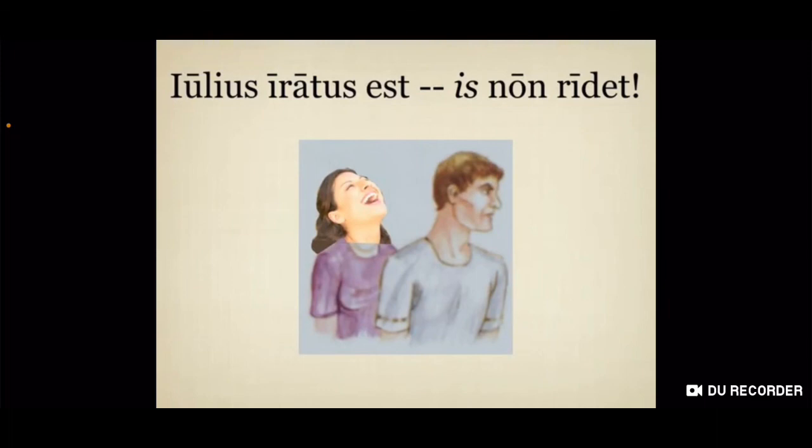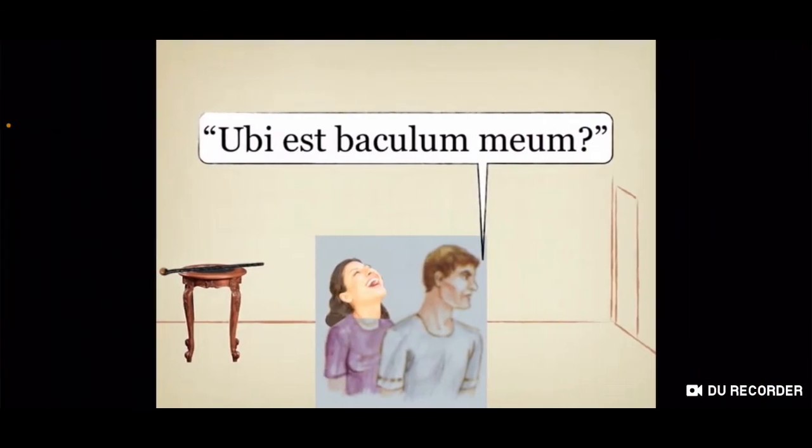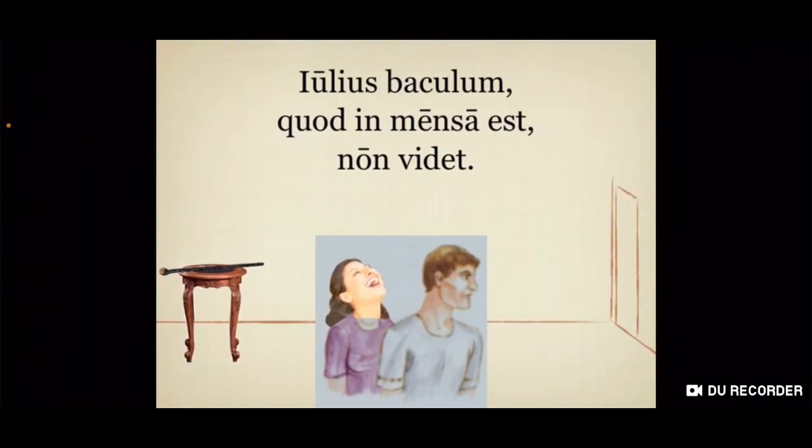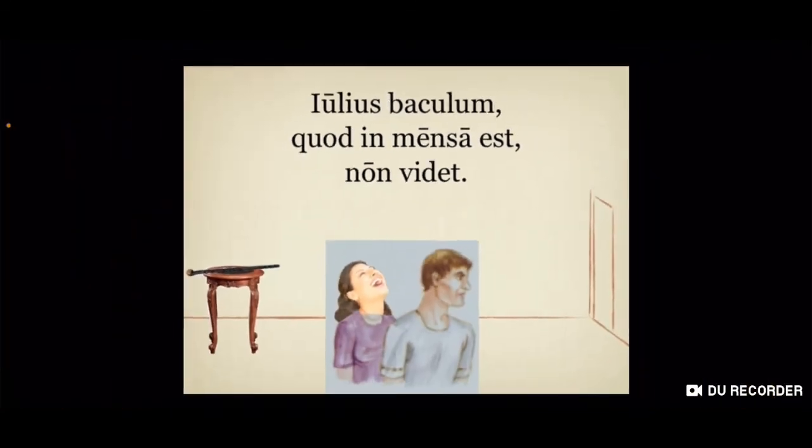Julius iratus est, non ridet. Julius is mad. He doesn't laugh. Ubi est baculum meum? Where's my stick? She's still laughing. Julius baculum quod in mensa est non videt. And Julius doesn't see her stick, which is on the table. They haven't tricked me this time.